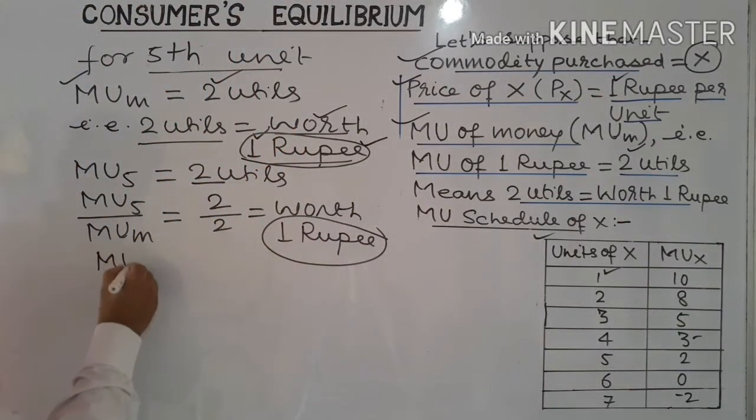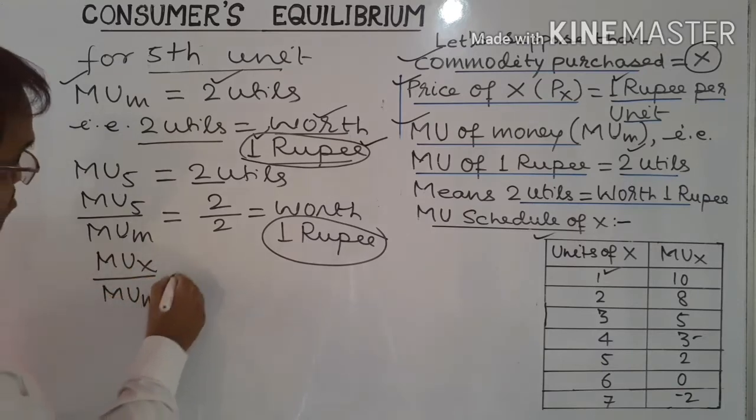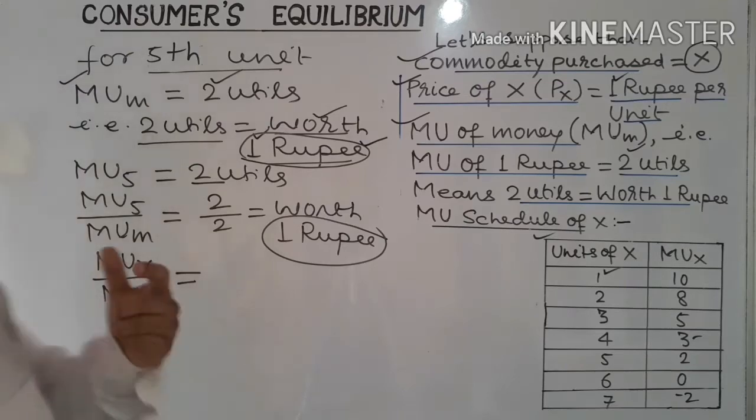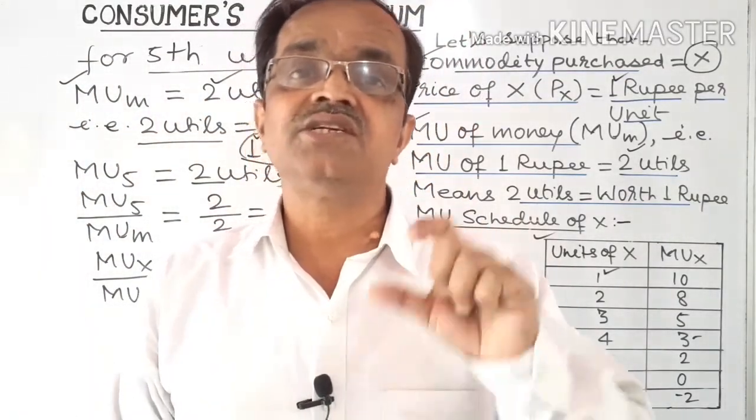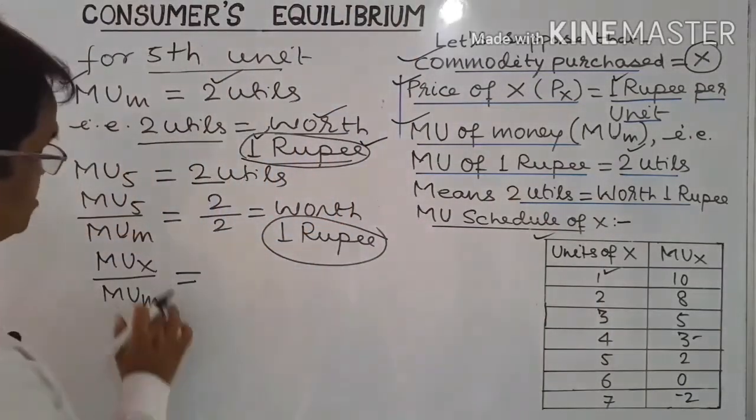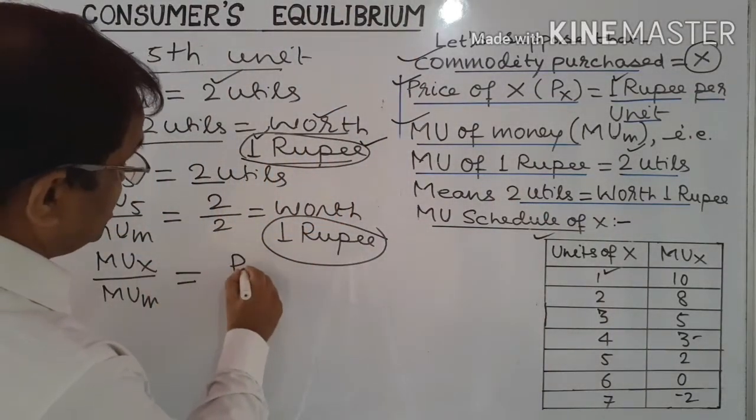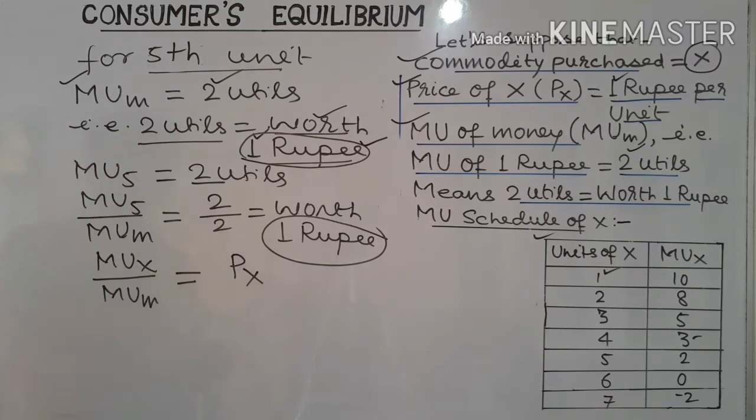Means MUX by MUM, here what is the situation? It means the ratio of the marginal utility of that unit of the commodity and the marginal utility of 1 rupee. That is, marginal satisfaction in terms of money is equal to the price paid.